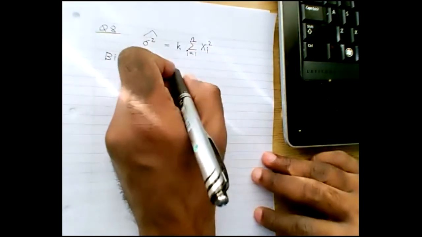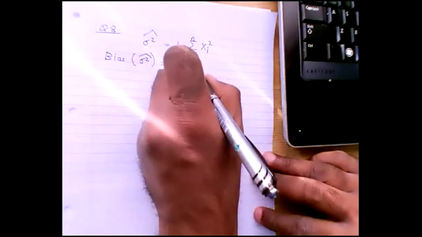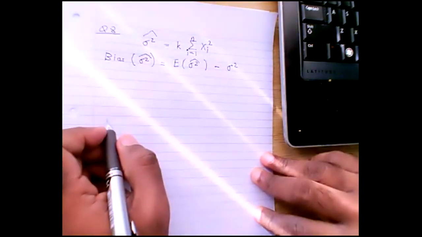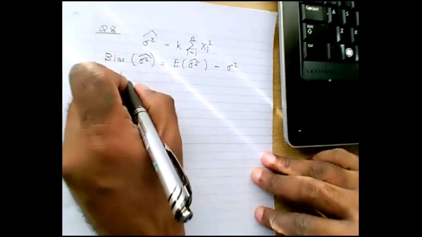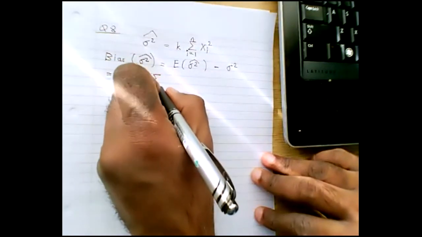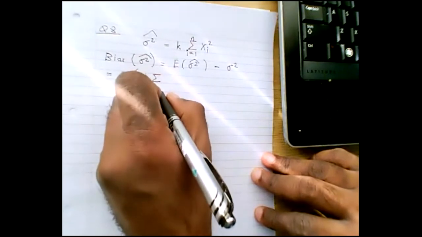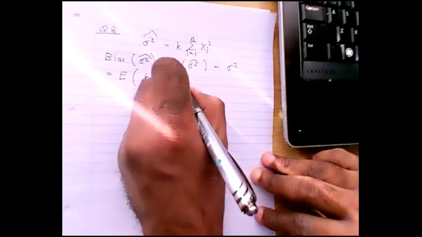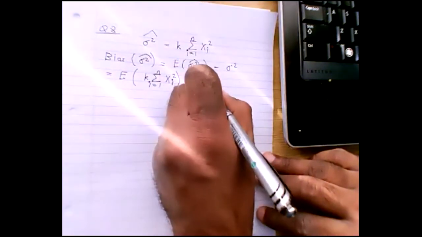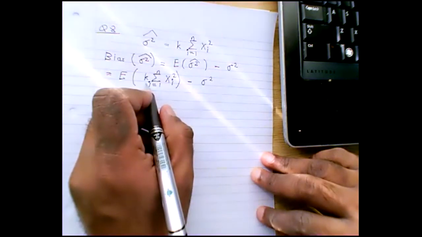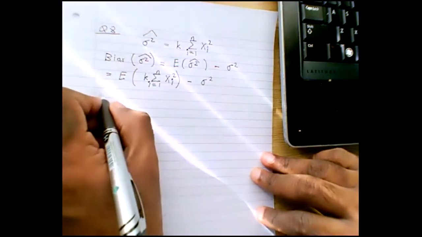So remember, the bias is defined as the expectation of the estimator minus the parameter that you're trying to estimate, right? Okay. Now k is a constant, so you can pull it outside.